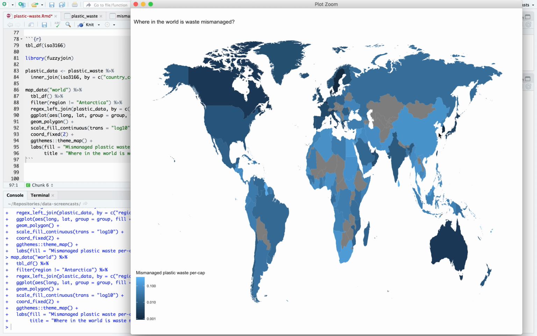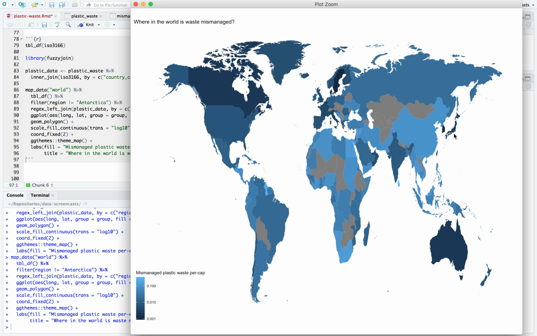Middle East, Asia. Well, China we already saw has a really high rate, as well as Southeast Asia, like Indonesia. We can pick out what we saw earlier, which is high income countries, Western Europe, US, Canada, Australia, and Japan do have very low rates.